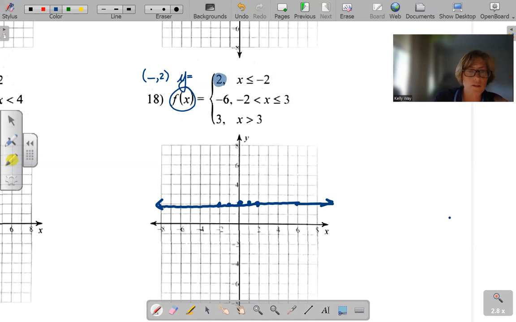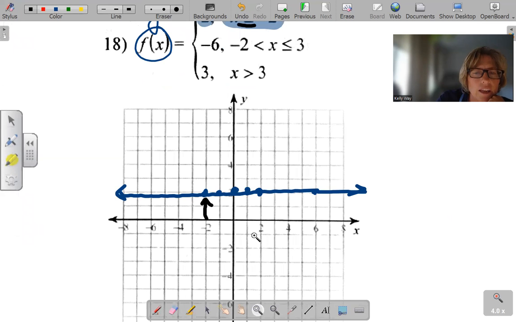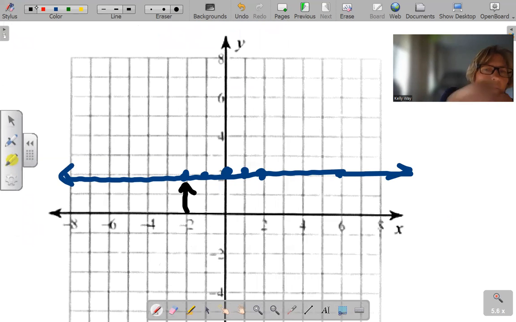Now, the rule says our value of x has to be less than or equal to -2. So visually, we're just going to go kind of up like that. Because it equals -2, your starting point is going to be at -2. And then every point less than -2 is part of this function, which is this way.